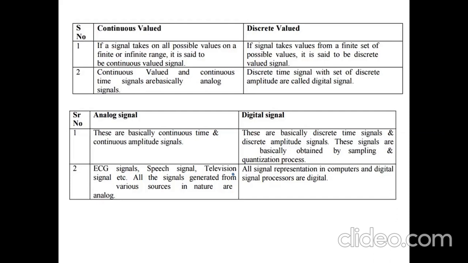We are familiar with analog as well as digital signals. Analog signals are basically continuous time and continuous amplitude signals. Digital signals are discrete time and discrete amplitude signals, obtained by sampling and quantization processes. Analog signals include ECG signal, speech signal, television signal, etc. All signals generated from various sources in nature are analog.